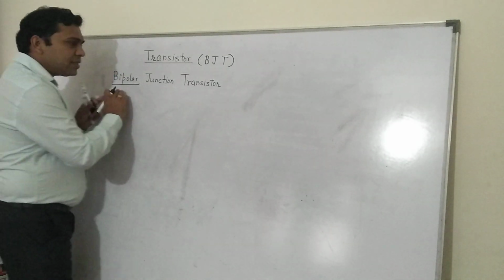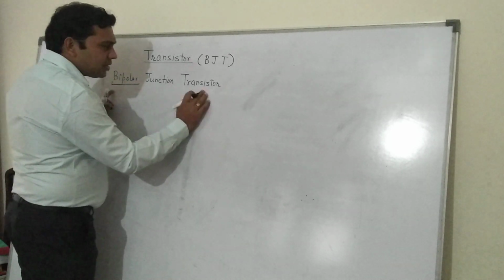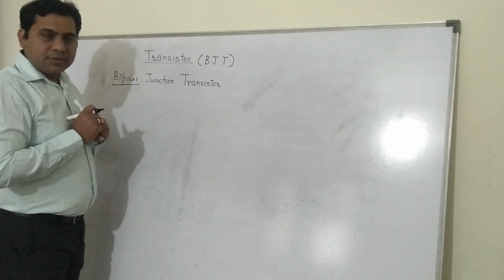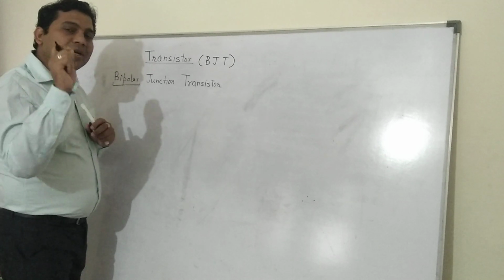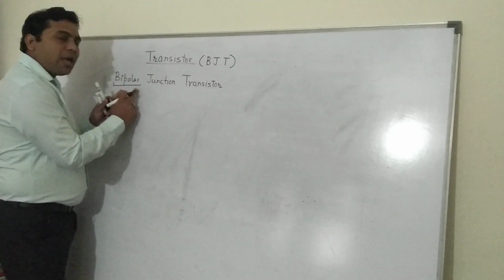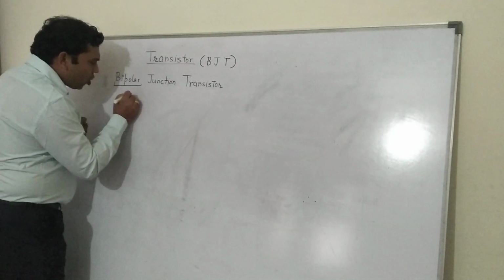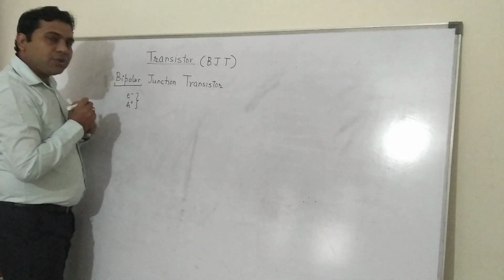Bipolar meaning in this kind of a device, in this bipolar junction transistor, both type of charge carrier, majority as well as minority, take part into the conduction. Bipolar meaning bipolarity. Both the polarity means electron as well as hole, both take part into the conduction.